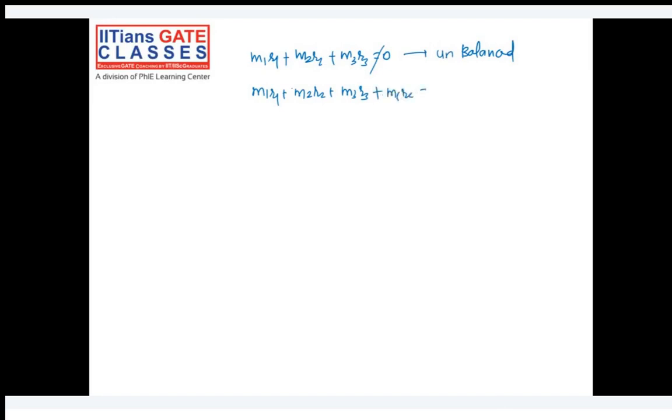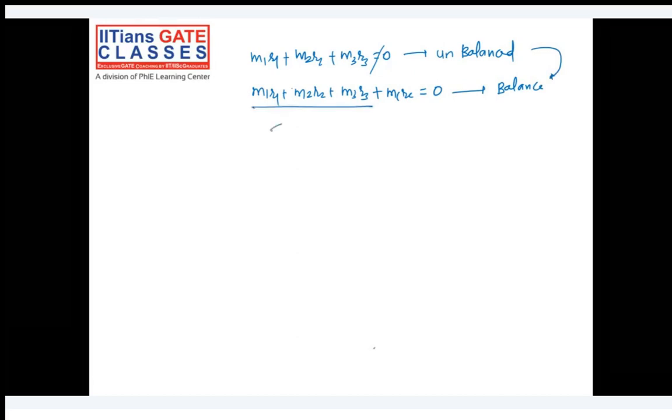Okay, so we are converting an unbalanced rotor into a balanced rotor by adding MCRC. So now I can write this as the summation of all the masses and radii, plus the counter mass and its counter radius, equal to 0. Okay, can I write it like this?